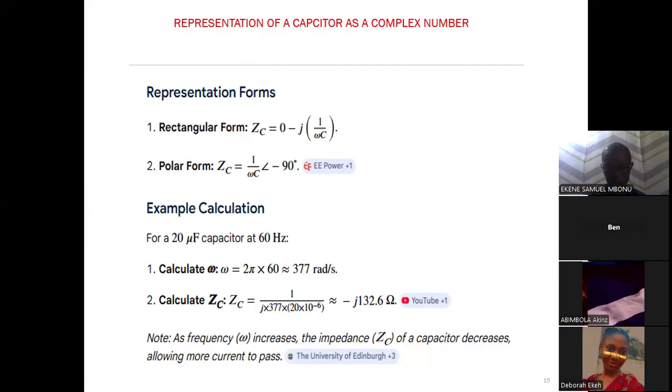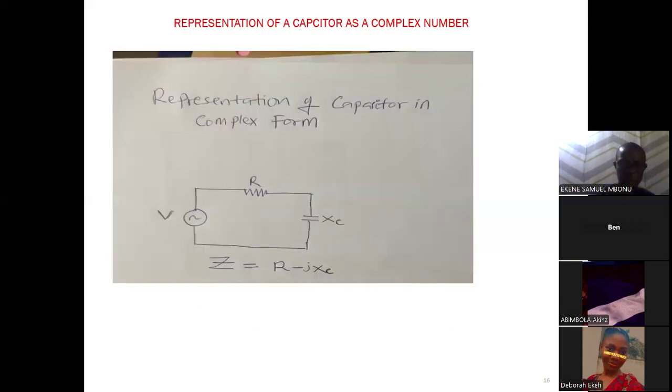The minus j there means it's a complex number, and in such a circuit, current leads or the voltage lags, as the case may be. So that's that. This is the way a capacitor can be represented in complex form. For that circuit, Z is equal to R minus jXC.